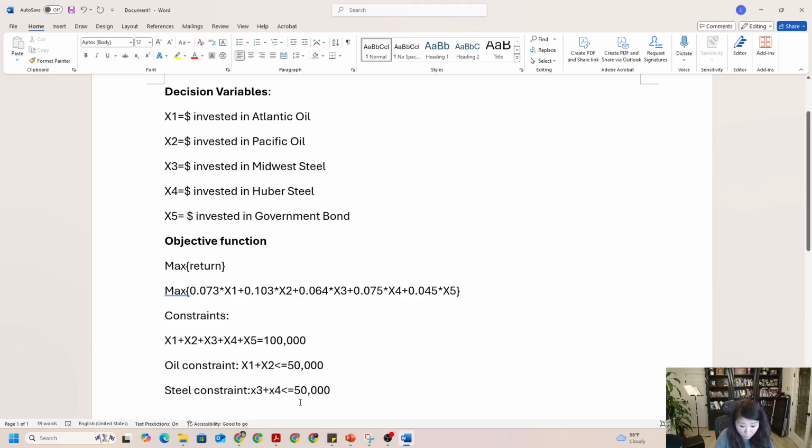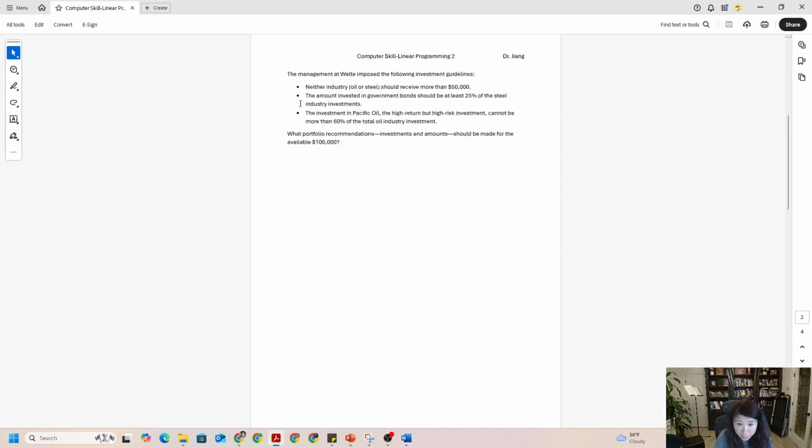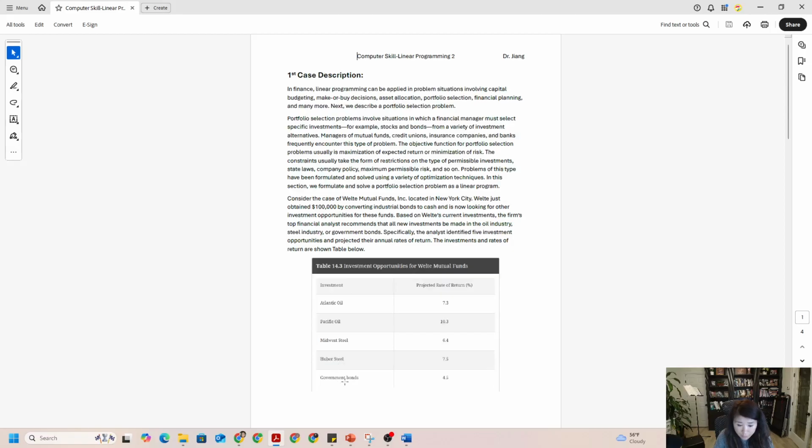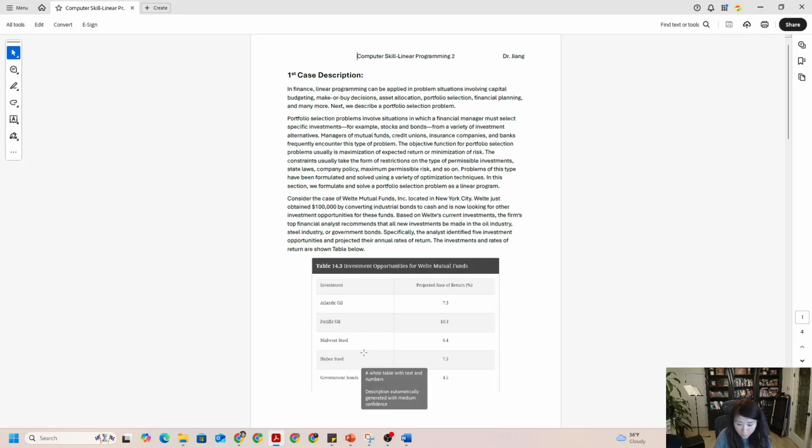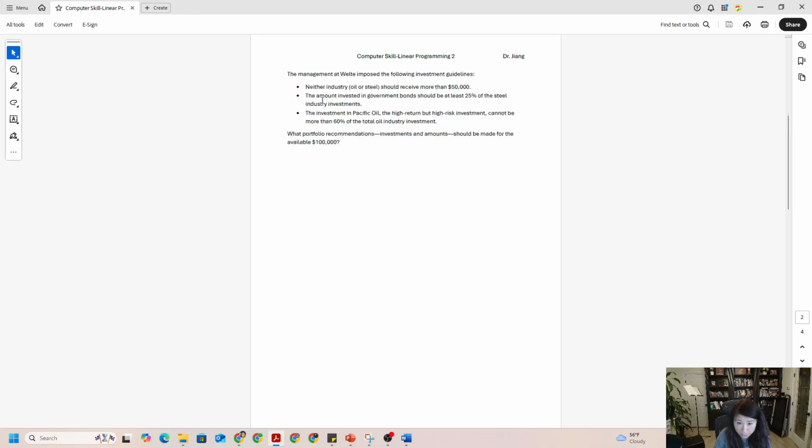The management has certain requirements, and that's going on next. The amount invested in government bonds should be at least 25% of the steel industry investment. So the bond, x5 here, has to be larger than or equal to the steel industry investment. The steel industry is x3 and x4, right? So x5 has to be larger than or equal to 25% of x3 plus x4. Basically we're translating what we've seen in this sentence to the mathematical expression.